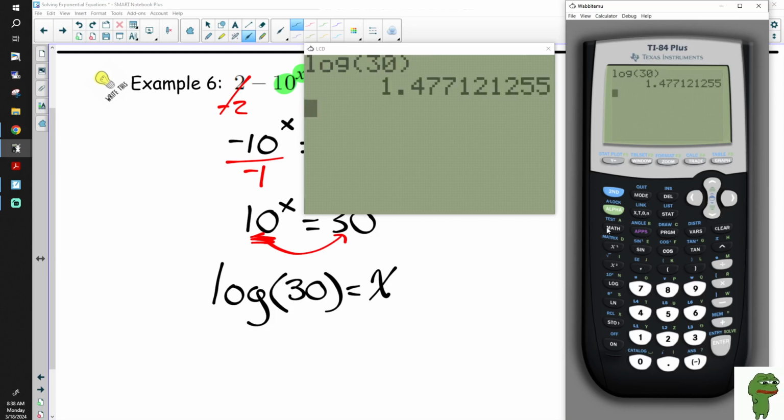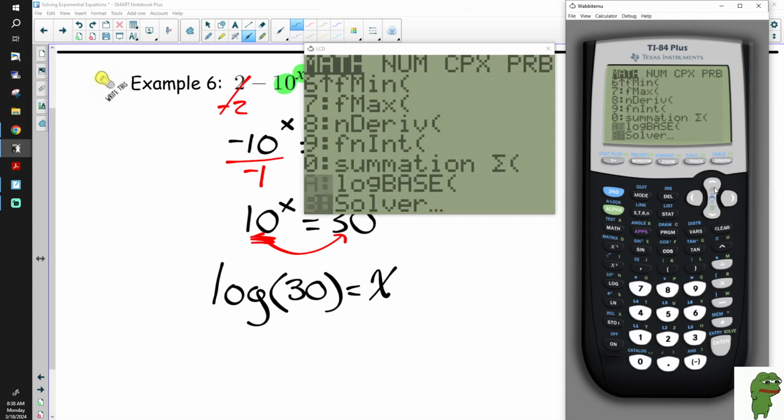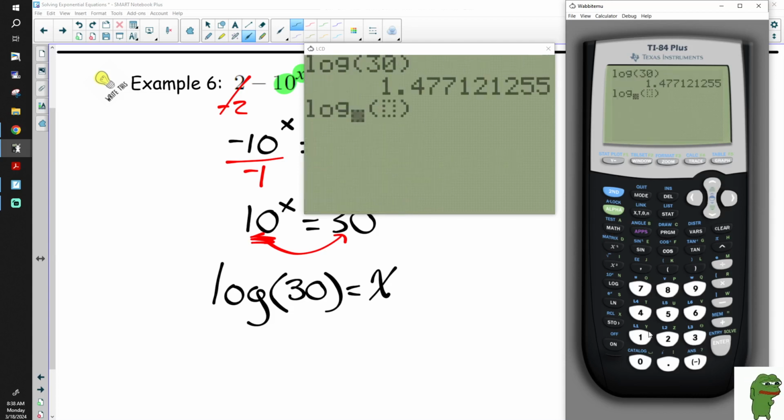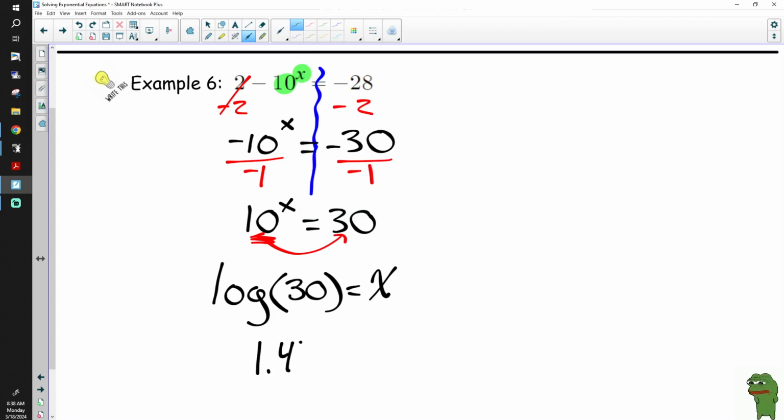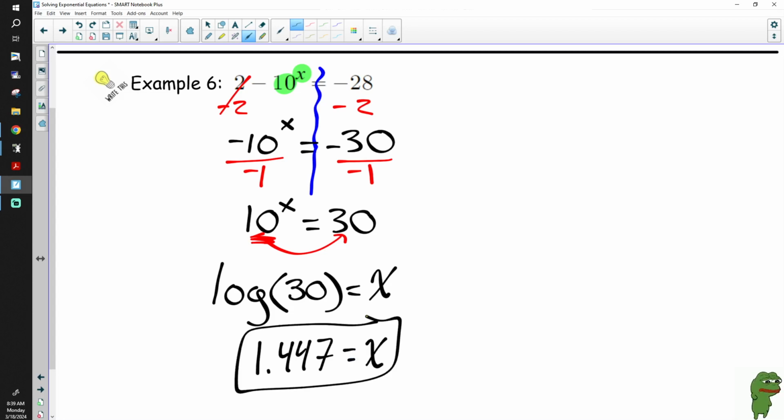Alternatively, if you do like typing in the base, you can always also go to log base, type in your 10. Both of these will be exactly the same. 1.447 is my answer to example 6.